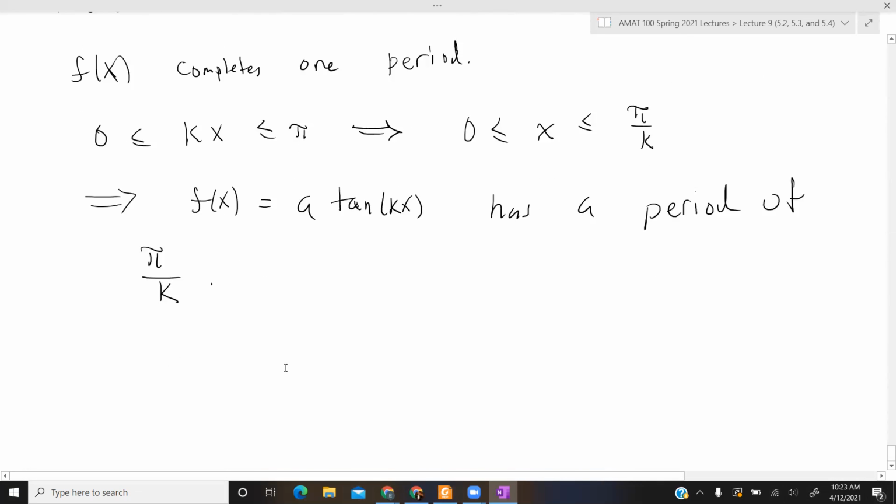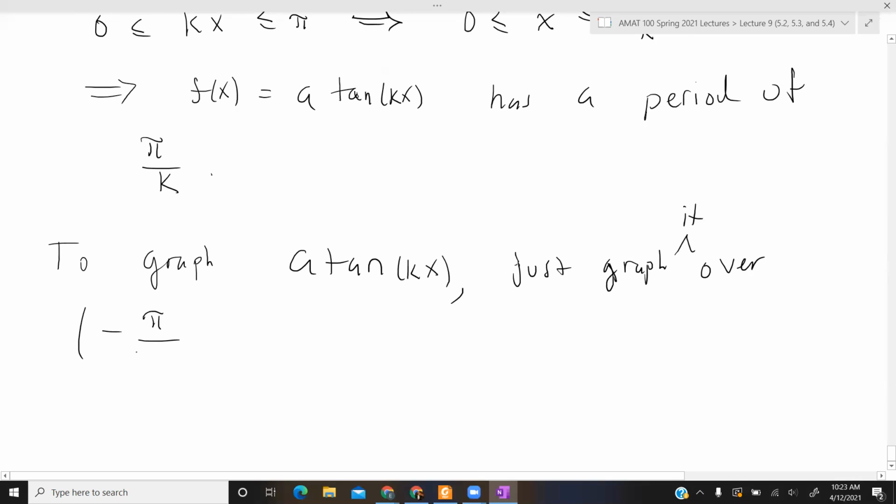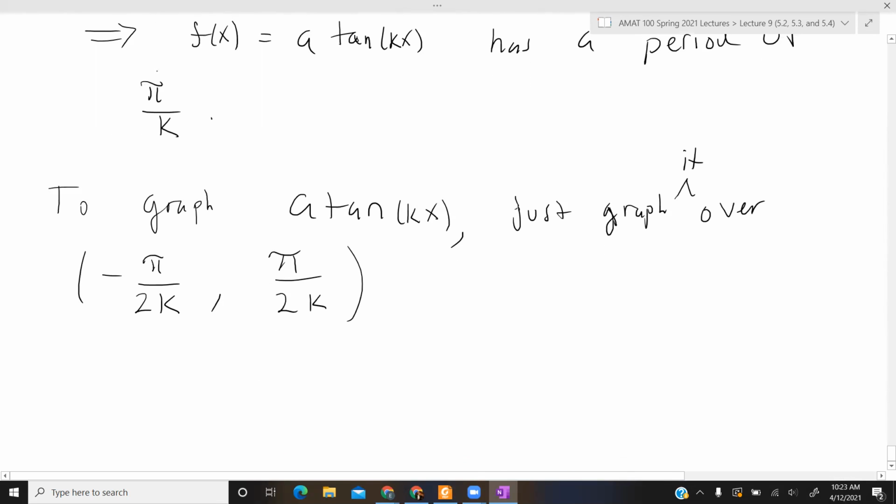And the same thing for cotangent. So to graph a times tan of kx, just graph it over the interval negative pi over 2k to pi over 2k, because the length of this interval will be pi over k, and we know that the function repeats itself over intervals of length pi over k.